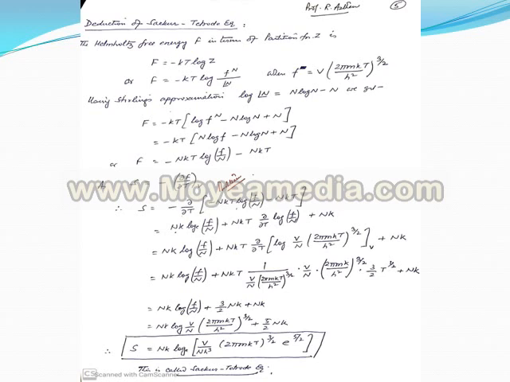capital F is equal to minus kT [log small f to the power N minus N log N plus N] is equal to minus kT [N log f minus N log N plus N], or capital F is equal to minus NkT log (small f by capital N) minus NkT.